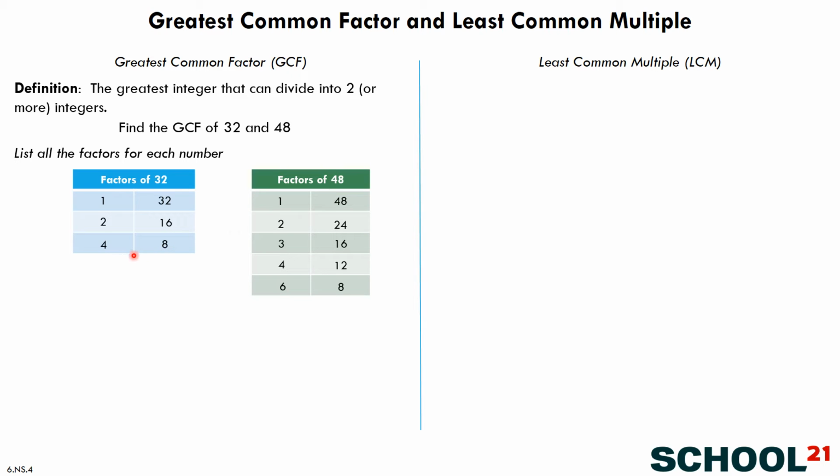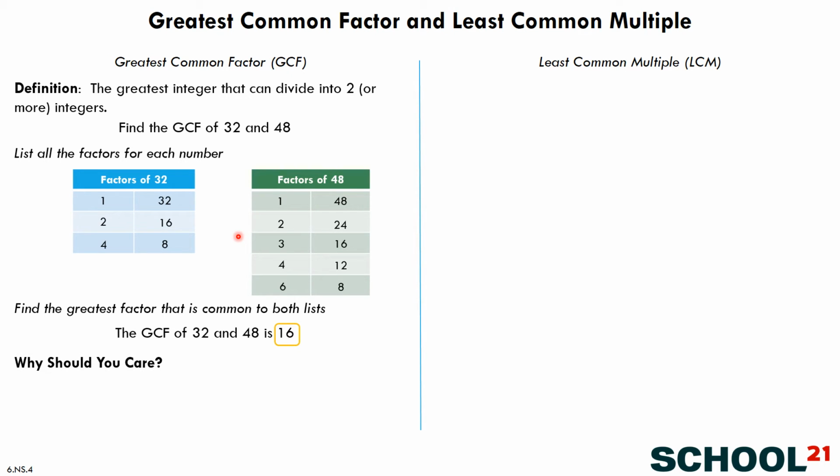Okay, it could be 4, right? But do you see any other numbers that are even greater than 4 that are in both tables? 16, that's right. That's the greatest common factor. So what we've done is find the greatest factor that is common to both lists, and that's what greatest common factor means. We figured out that that's 16.